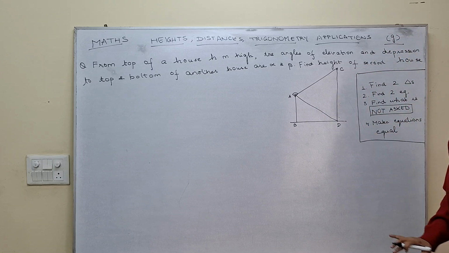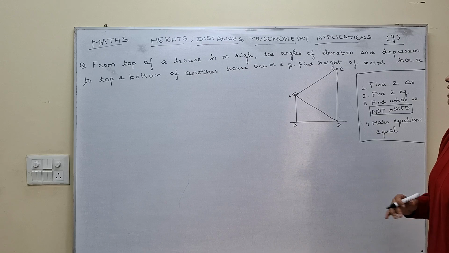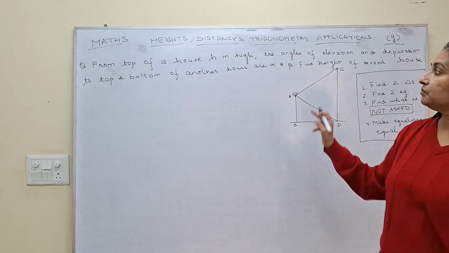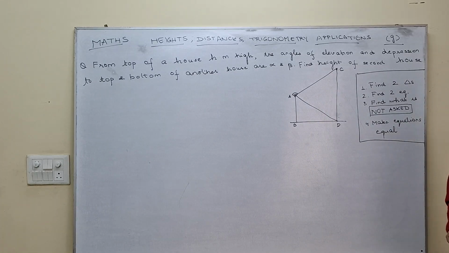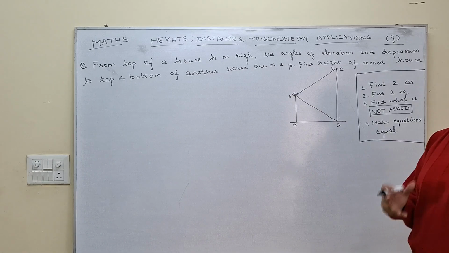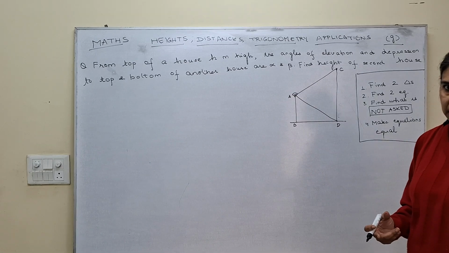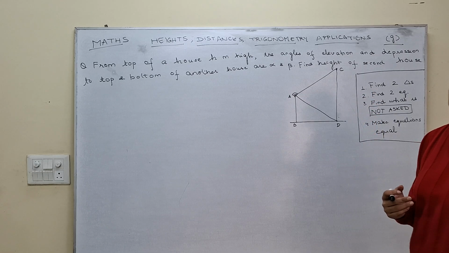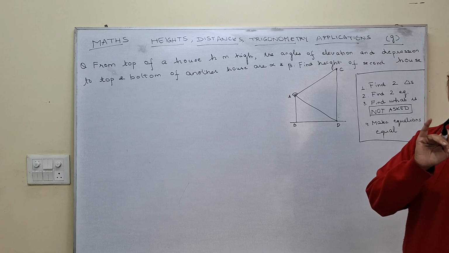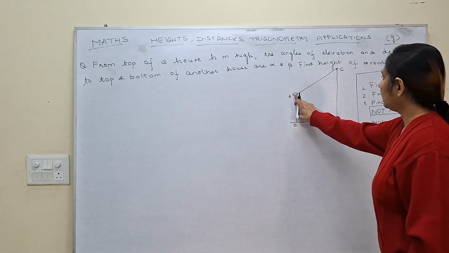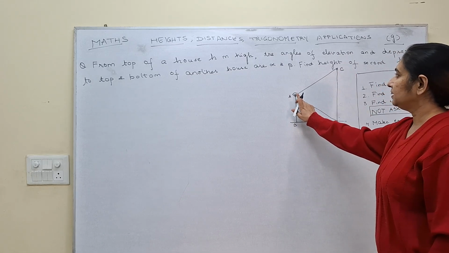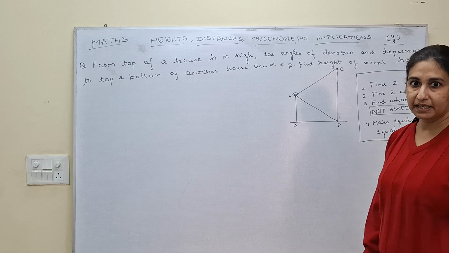Elevation and depression, and they are alpha and beta. What is alpha and beta? The angles of elevation and depression are alpha and beta. You know, angle of elevation starts from the eye. Any depression and elevation, anything that starts from the eye, you need a slanting line, you need a horizontal line. Here the eye and the slanting line are there, but there is no horizontal line to make the angle.